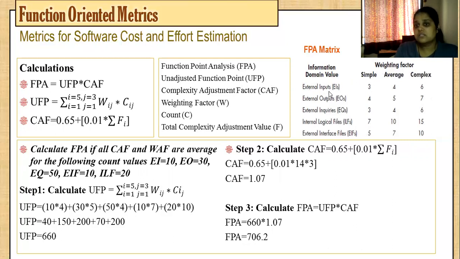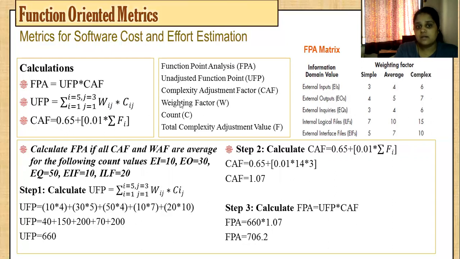It means if a system is very simple, it will have these weighting factors. If it is average, it is this. And if it is a complex system, it will have these. So these are predefined numbers. You need to use this table as a reference when you are calculating the numerical. Now, UFP, the unadjusted function point, is calculated by multiplying the weighting factor with the count.